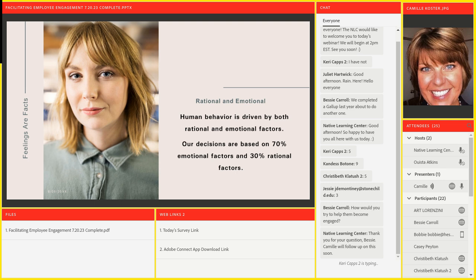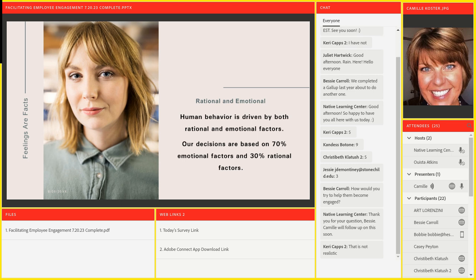But we know that that is very different. Understanding that employees' decisions, their behaviors, their choices are all predominantly based on emotional factors helps a manager connect to the emotional side of what's going on.